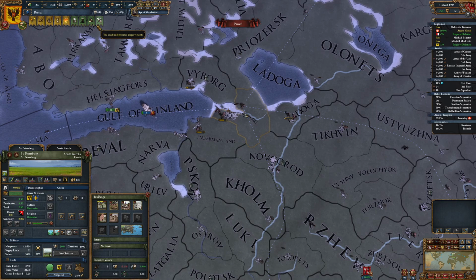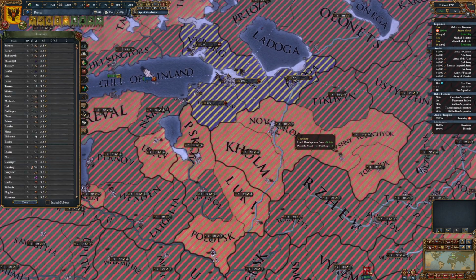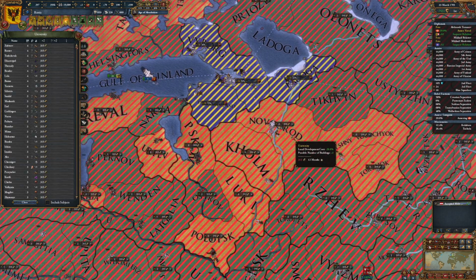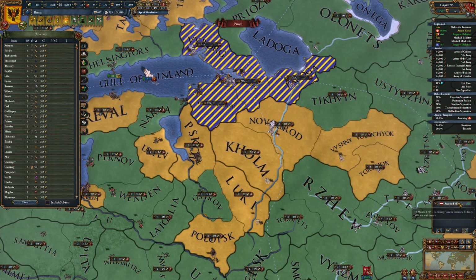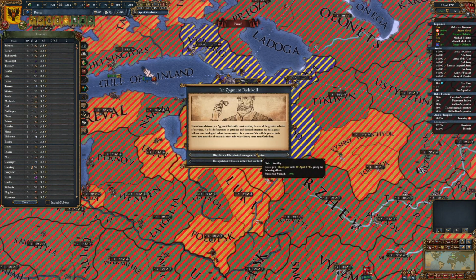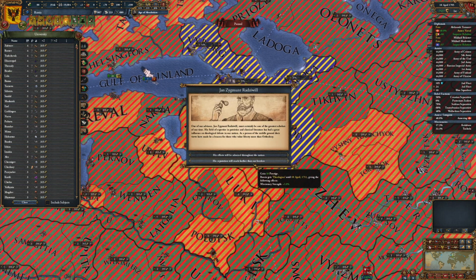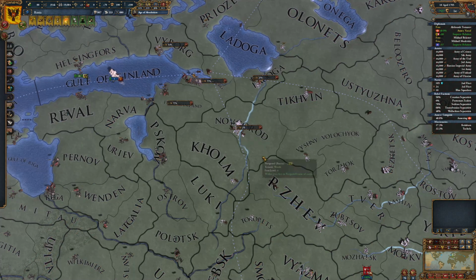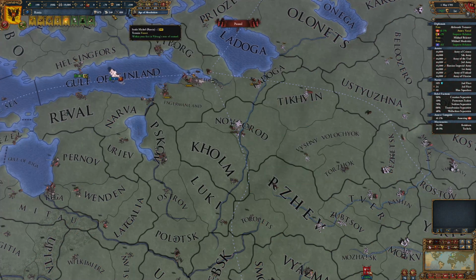Do a bit of spending on manpower things. Missionary strength, sure.